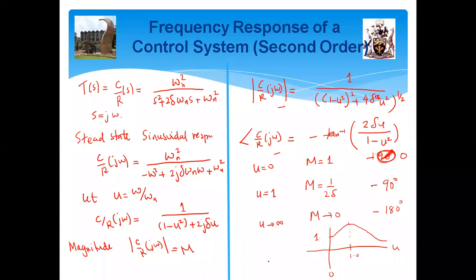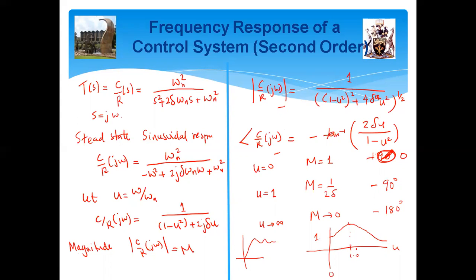So these are the same characteristic curves we showed last time, yesterday. Remember when we plot the time domain for this second order system, we have something like this. This is the response in time domain, and this is the response in frequency domain.